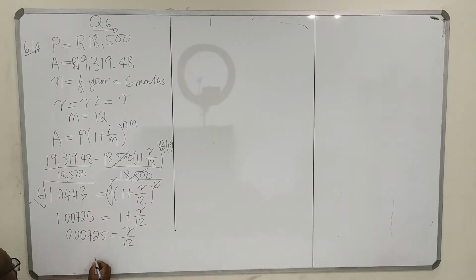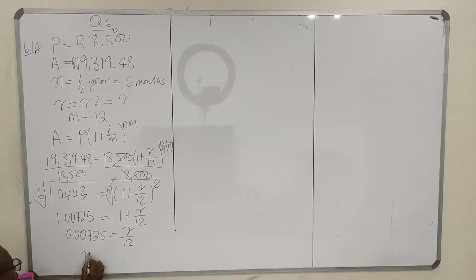Cross multiply, solve for R. Multiply by 12. So you have 0.00725 times 12. What do we have?